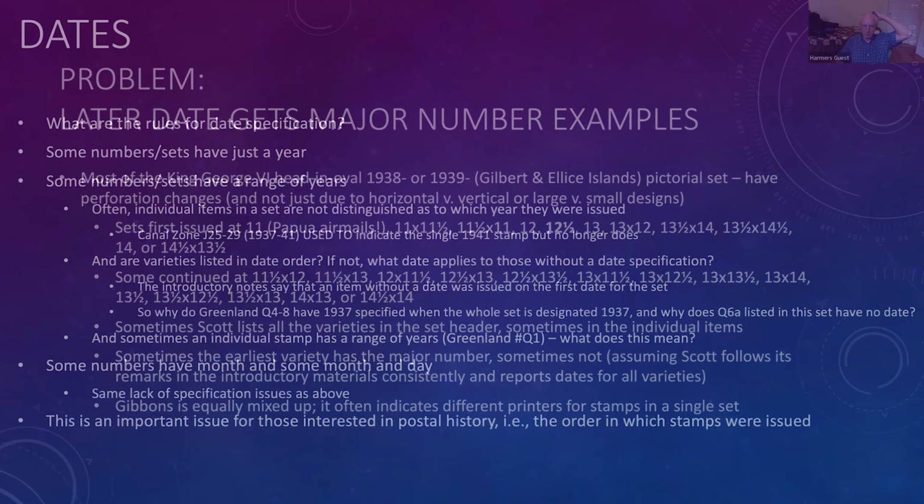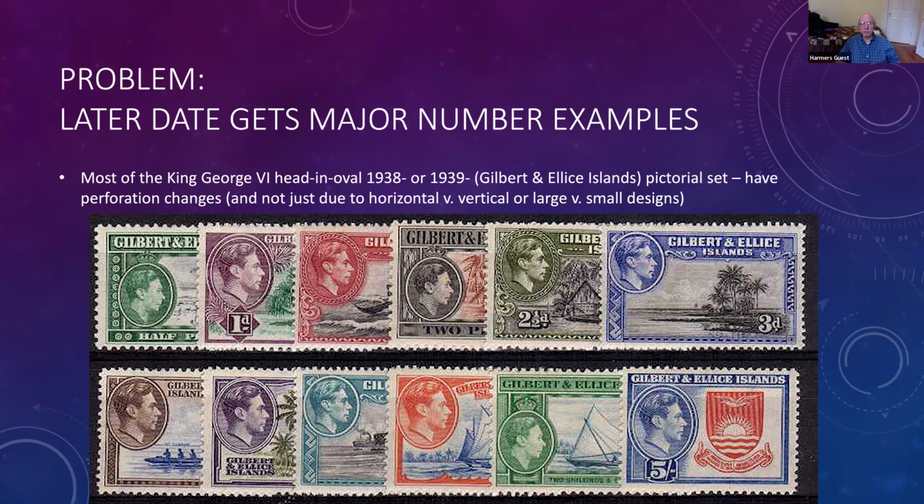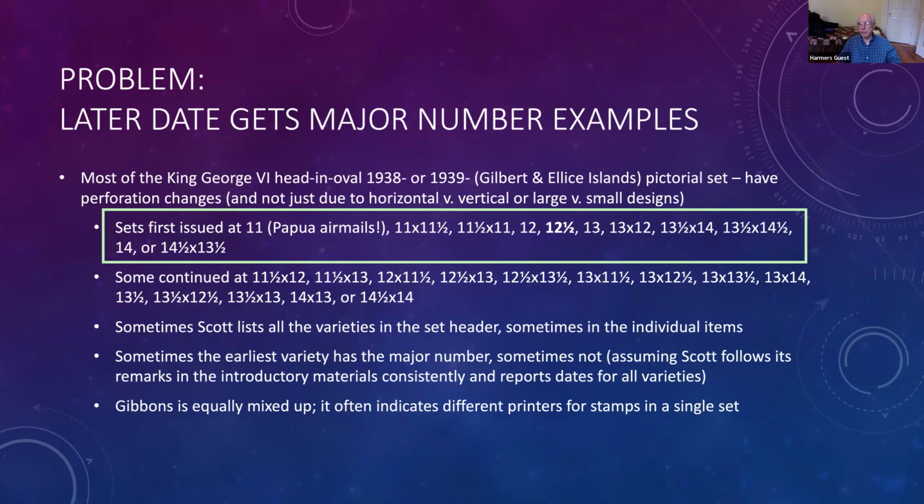Here's my biggest problem with the way Scott gives numbers. The King George VI in oval sets, pictorial sets, for many, many of the colonies, have perforation changes. And not just because the larger or smaller designs have different perforations, or the horizontal or vertical stamps have different perforations. Some of the sets, the first set issued, were issued at all of these various perforations.